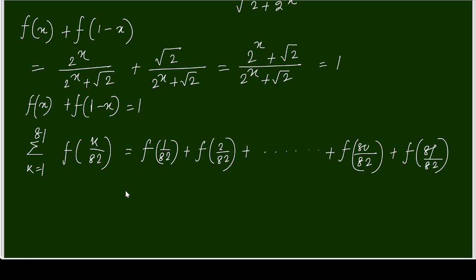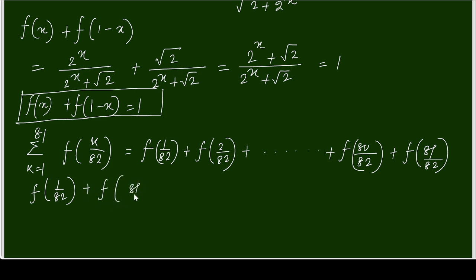So if we make them pair, to utilize this relation, we'll take f of 1 over 82 plus f of 81 by 82, because if x is 1 by 82, then 1 minus x will be 1 minus 1 by 82.